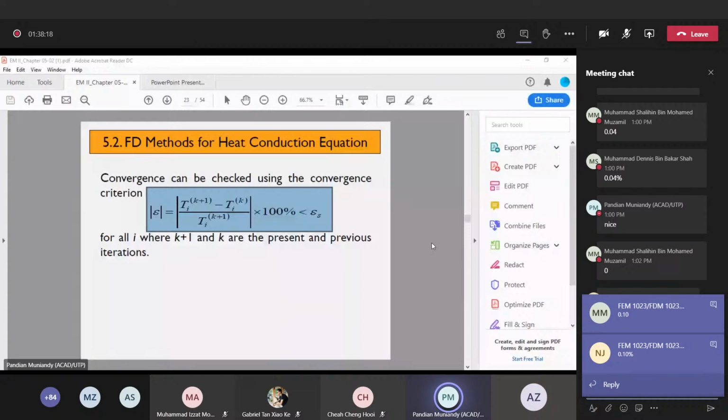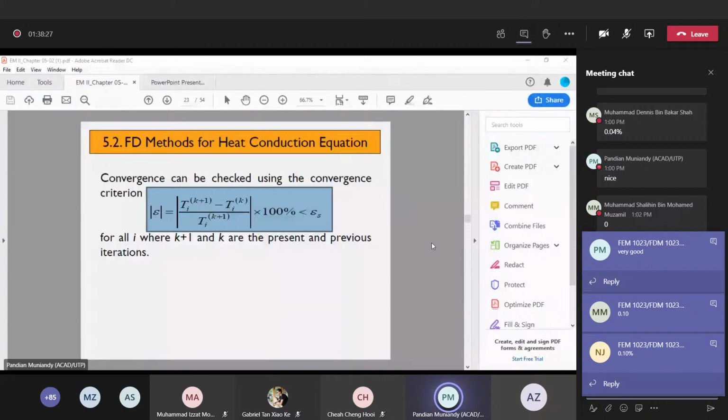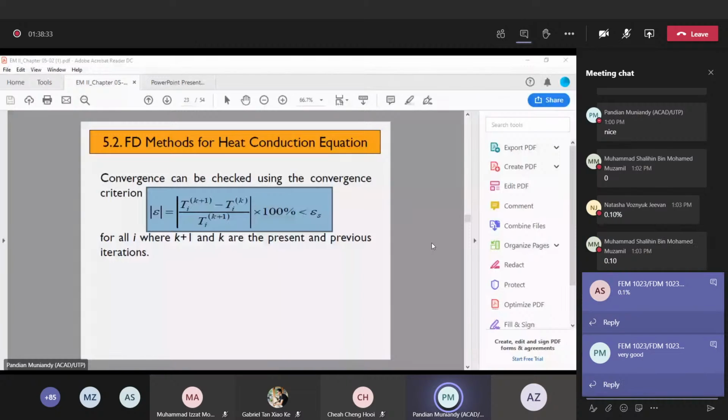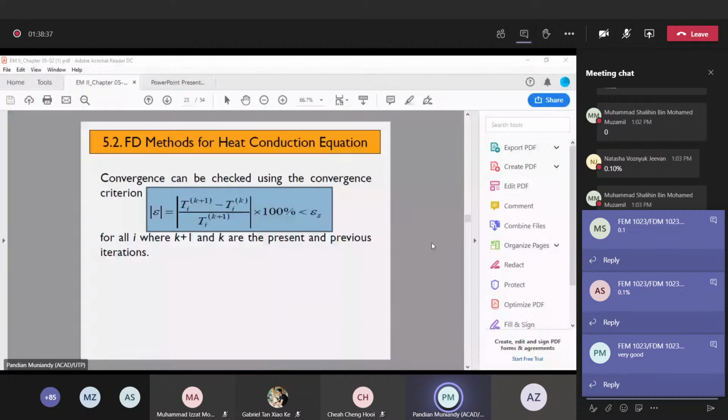0.10%. Yes. 0.1%. No, Muhammad Shalihin, the symbol is missing. 0.1%. So 0.1% is good. But 0.04 is less than 0.1%.